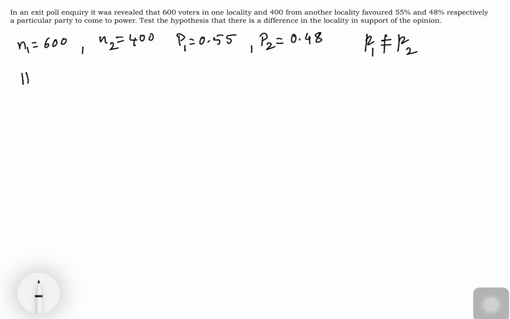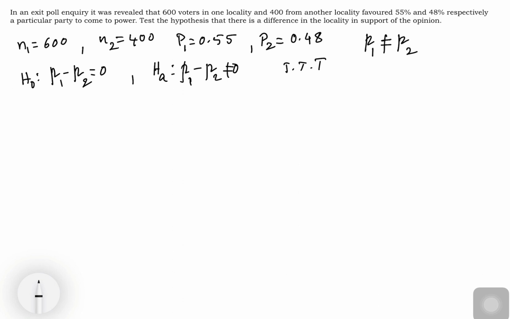So let us write the null hypothesis. The null hypothesis is P1 minus P2 is equal to 0. Then the alternate hypothesis will be P1 minus P2 not equal to 0. So this is a two-tailed test. Since they have not mentioned at what percentage, we will go for both of them.